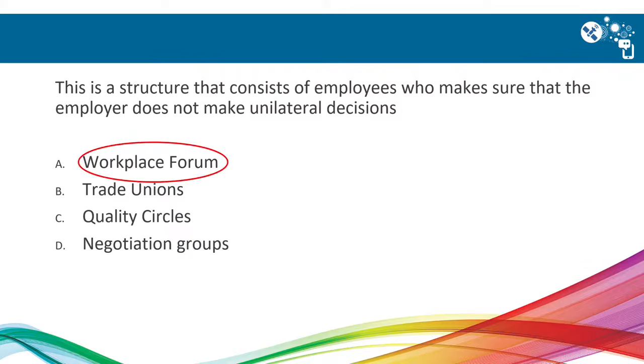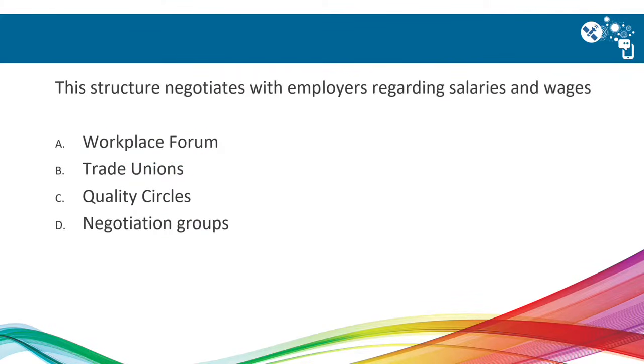That is a workplace forum. Okay. Lastly, this structure negotiates with employers regarding salaries and wages. Now, you should know by now what we just went through. It is not a workplace forum. It has to be a trade union. Okay, trade unions negotiate salaries and wages, whereas a workplace forum can discuss things like working conditions.